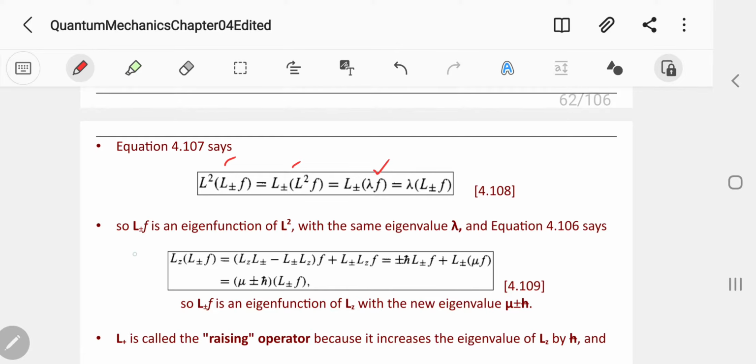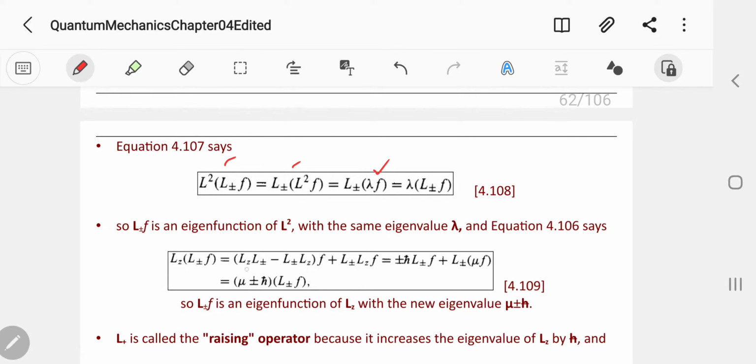So here you have L plus minus f is an eigenfunction of L square, or an eigenstate of L square, with eigenvalue lambda. So here you have Lz acting on L plus f.